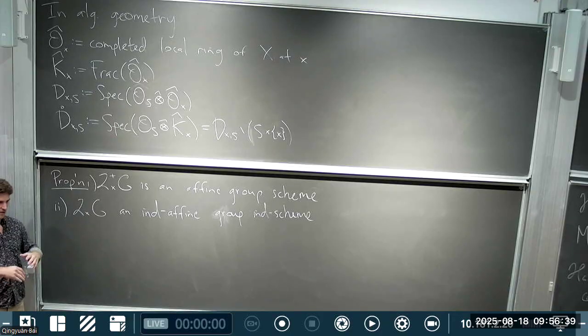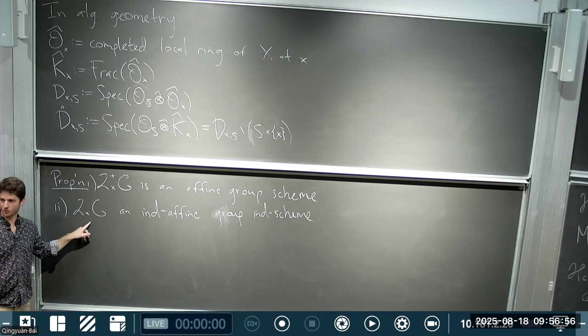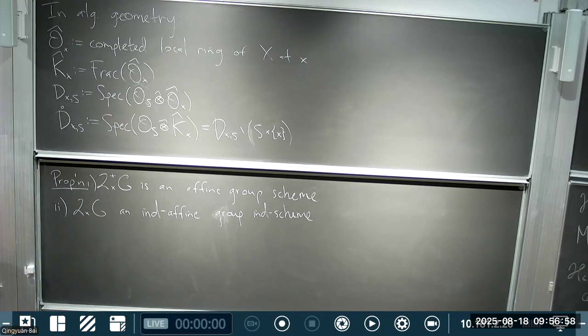And in this way, you write the loop group as a union of affine schemes with the transition maps being closed embeddings of finite presentation. So this is the kind of thing that it is. It's infinite type, but as far as infinite type goes, this is one of the more manageable kinds of things, because you can describe it in terms of limits and colimits in the way that I said.